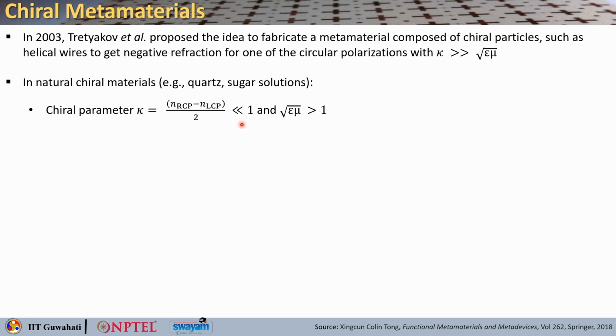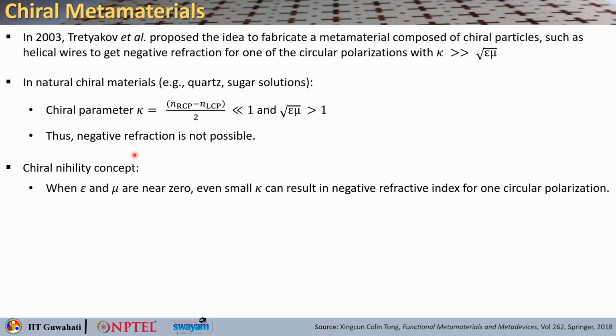So, that chiral parameter is much smaller than 1 in the case of natural chiral molecules, and you will see that square root of epsilon mu is much larger than 1. That means, in such a material, negative refraction is not possible.